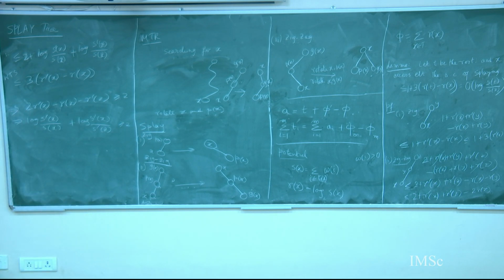This is what you want to prove. So if you look for the maximum value of log x plus log y, that's what we get. Or rather, the minimum value of this thing.